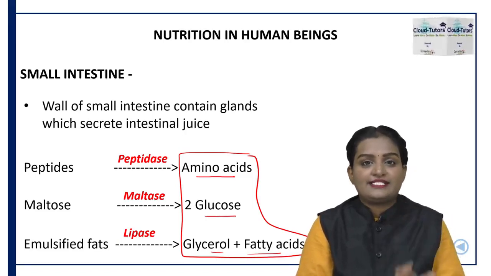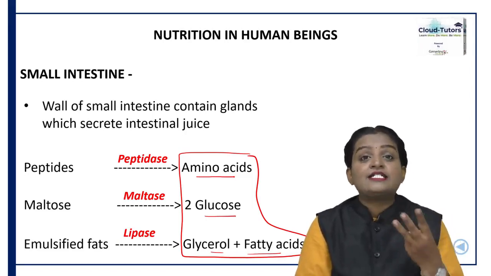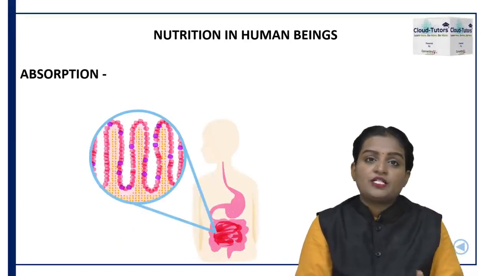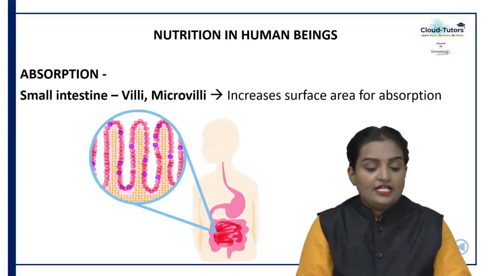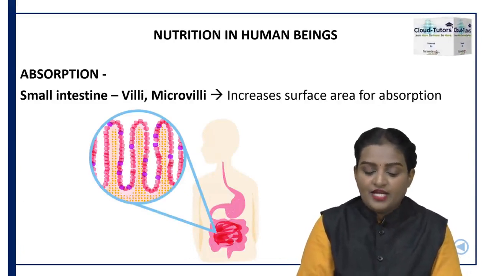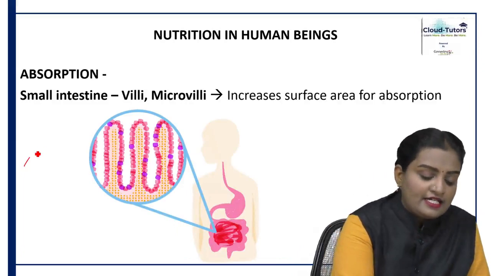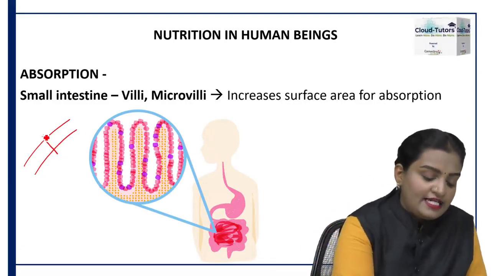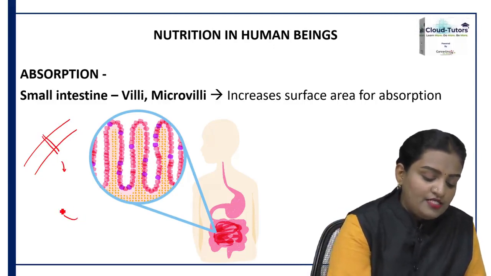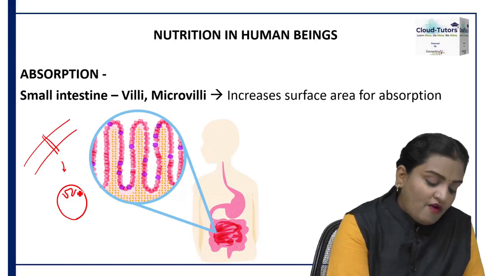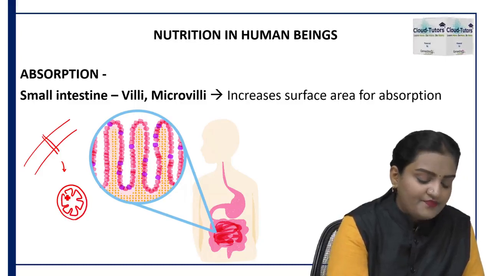Once the digestion is done, the next step is absorption. So absorption occurs in the small intestine through specialized structures known as villi and microvilli. If I take the small intestine like this, the inner wall, if I cut it and open it, this is the circular view, and the villi will be found like this towards the interior side of the intestine.